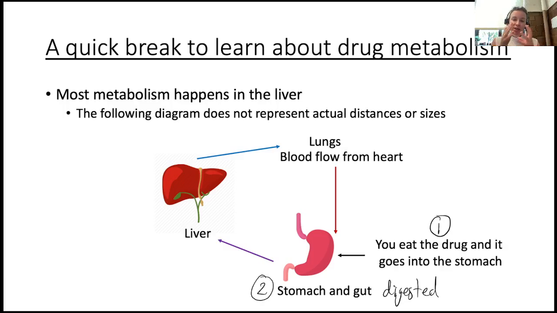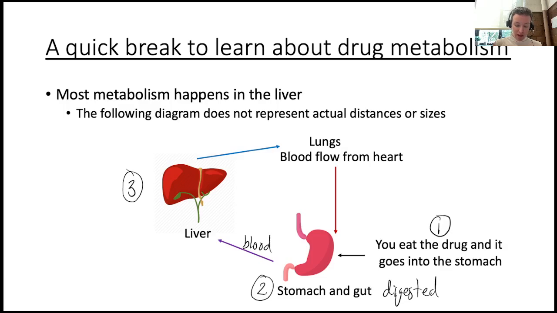And when we start digesting the things that we eat, it goes from your stomach into your bloodstream, and from the stomach, that blood goes directly to the liver. Historically, folks, this makes sense because when we ate something, we'd want to go right to the liver to get processed just in case what we ate was poisonous.